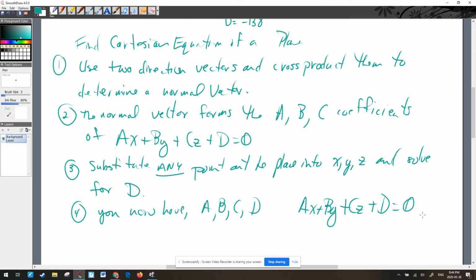And there you go. That is how we find the Cartesian equation of a plane in R3.